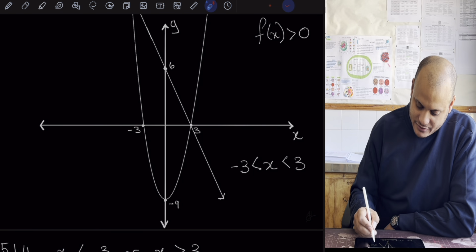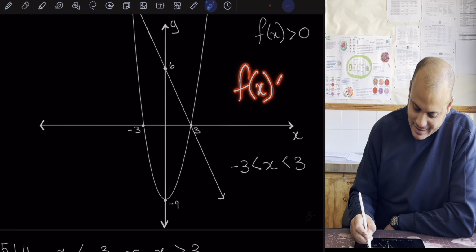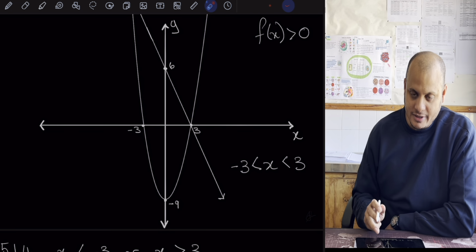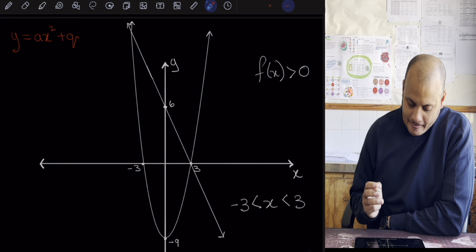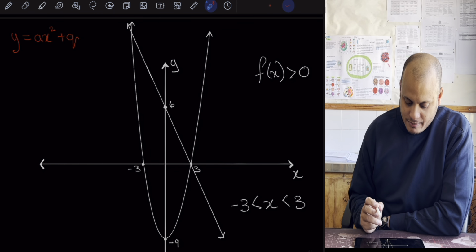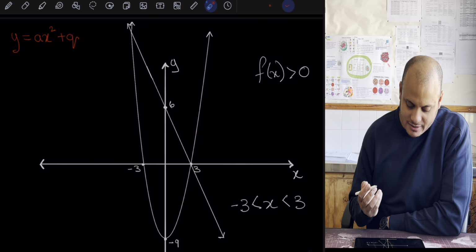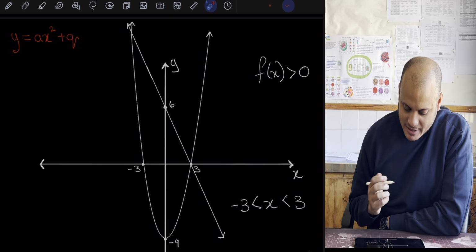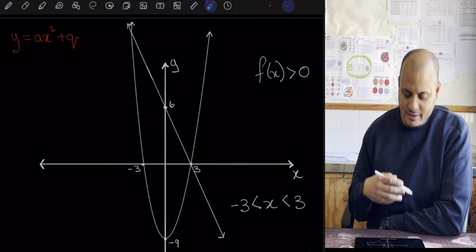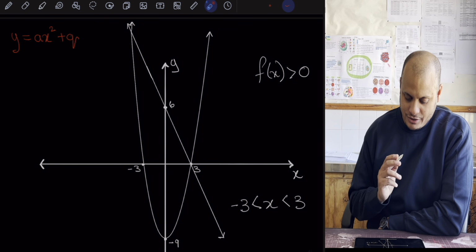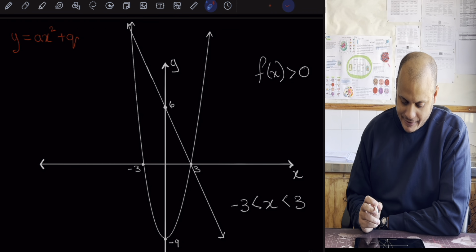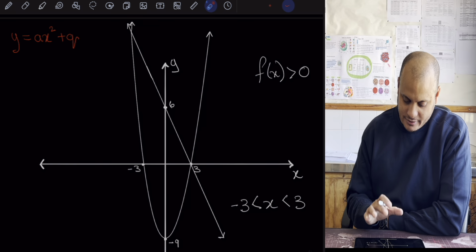Now, where is f of x less than or equal to g of x? So now we're not using our x-axis as a point of reference anymore. We are literally checking for which x values is my parabola lying underneath my straight line.